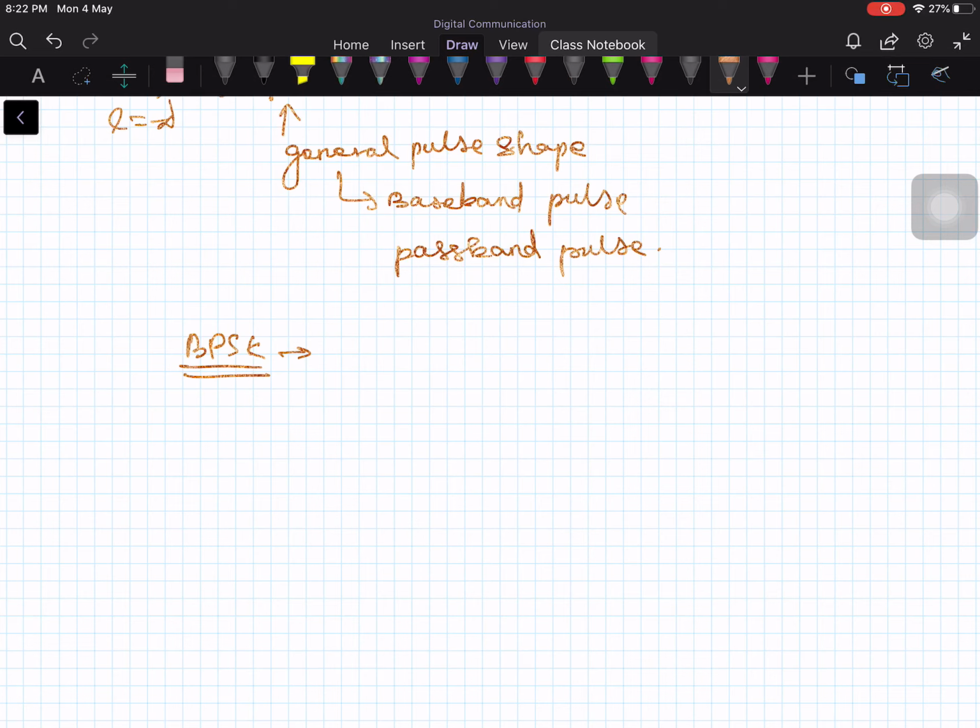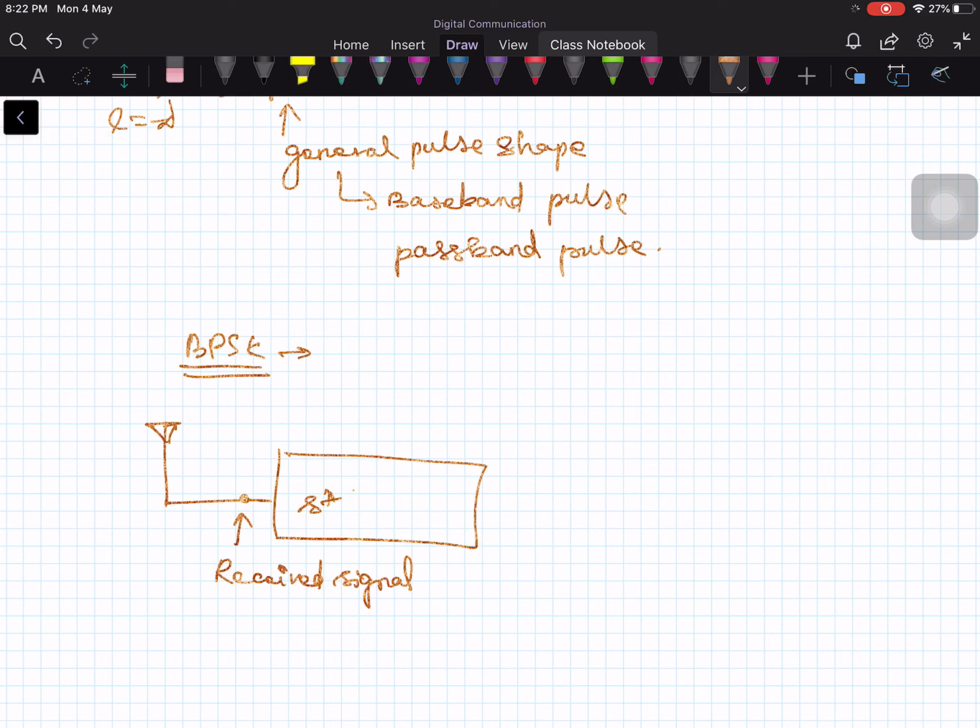You have the received signal coming in, and this is given to the passband matched filter, S conjugate of minus t times cos of omega naught t, or 2 pi f naught t.